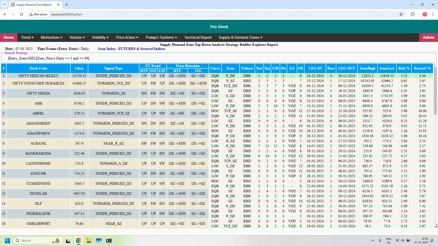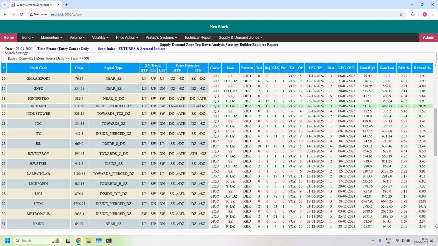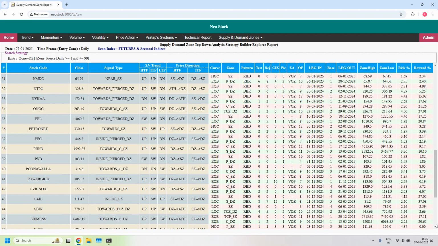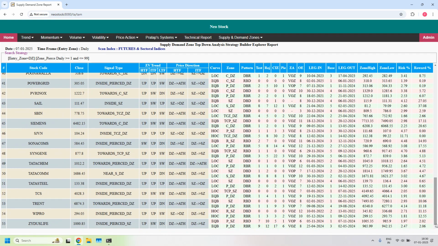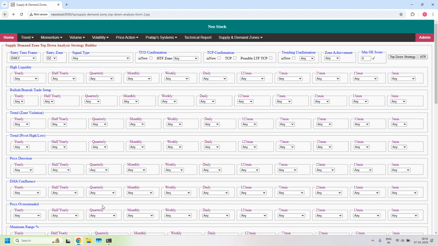I'm scrolling the list down. So total 55 stocks are filtered where price closed inside the PR-SID demand zone. Now let us further filter by checking how many of these PR-SID demand zones at present are having a daily EMA Confluence.